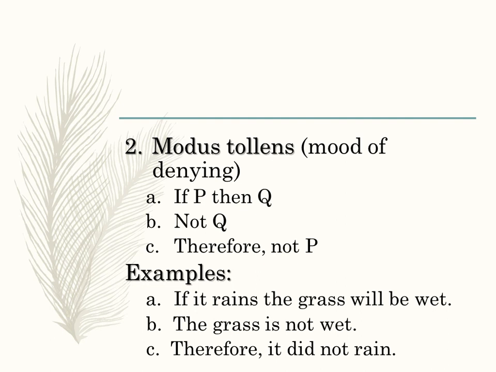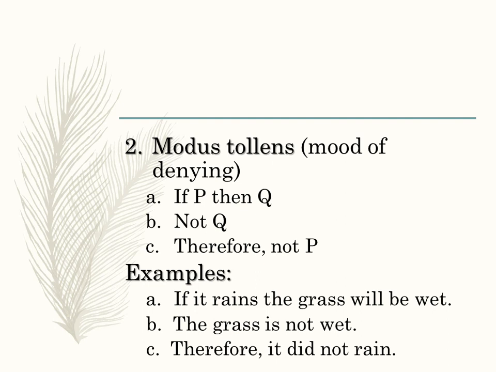Is that a valid structure? Nope. Think about it. If it rains, the grass will be wet. It did not rain, therefore the grass is not wet. The grass could still be wet even though it hadn't rained. Like why? Dog, lawn maintenance and care.